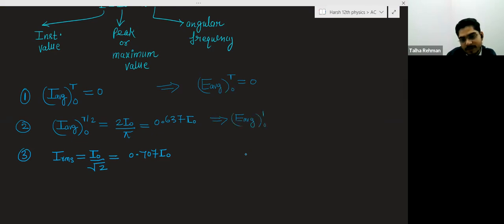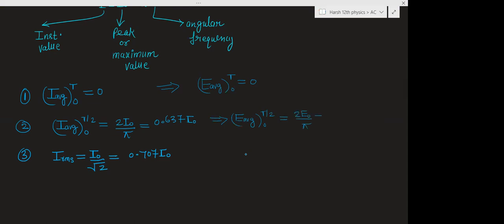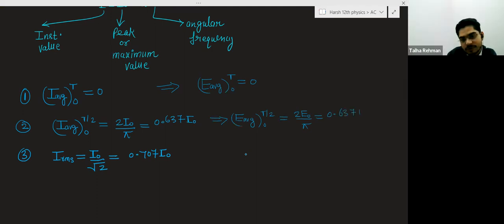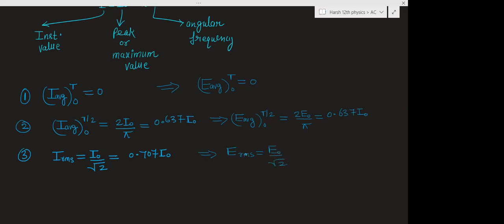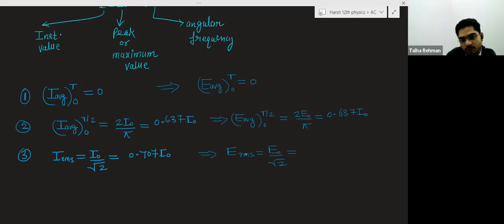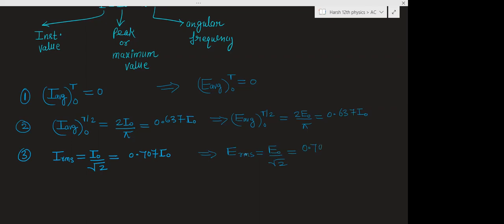For the half cycle, it is equal to 2 E naught by pi, and this is equal to 0.637 of E naught. If I want to calculate ERMS, what is ERMS? Again E naught by root 2, that is equal to 0.707 of E naught.